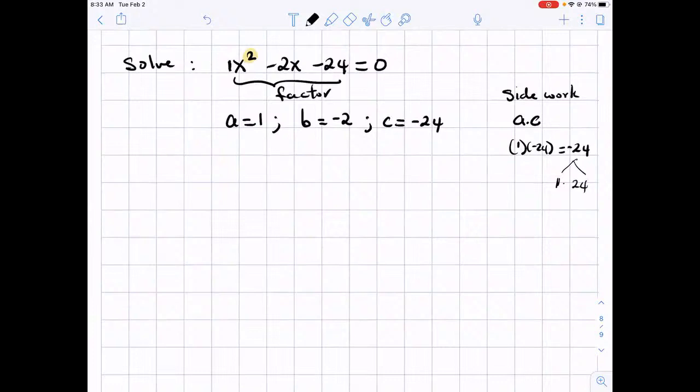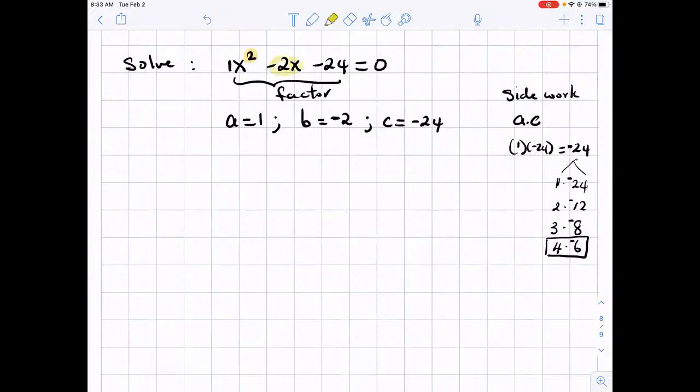One of them has to be negative, because this is negative. If you look at b, b is negative, so the bigger one will keep negative. 2 times 12, the bigger one is negative. 3 times 8, the bigger one is negative. 4 times 6, the bigger one is negative, and this seems to work, right? 4 times 6. If you add them, you get negative 2.